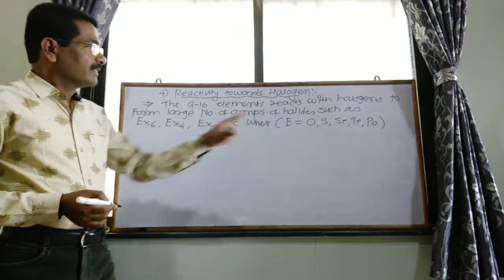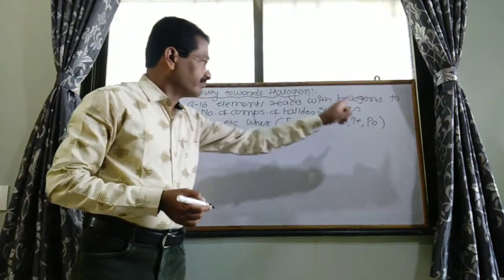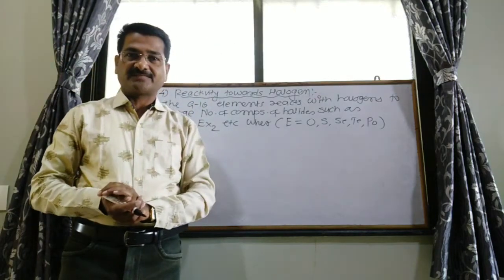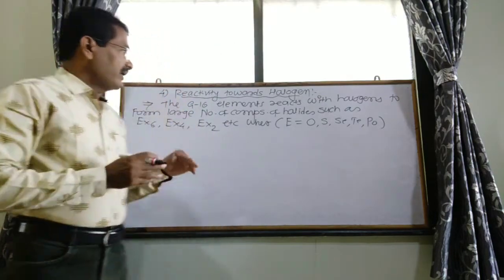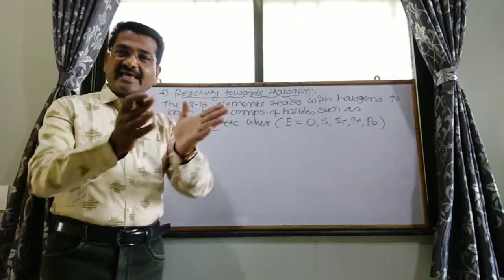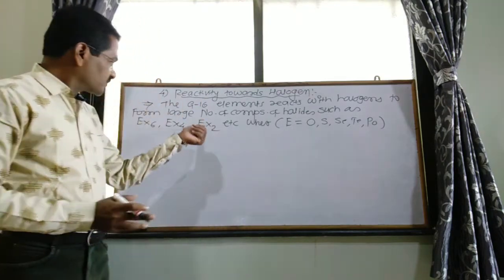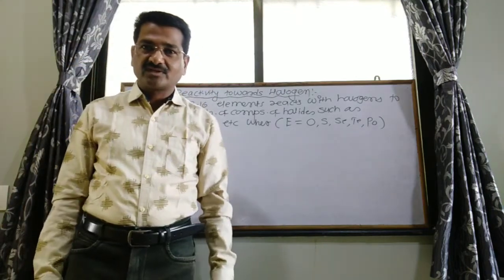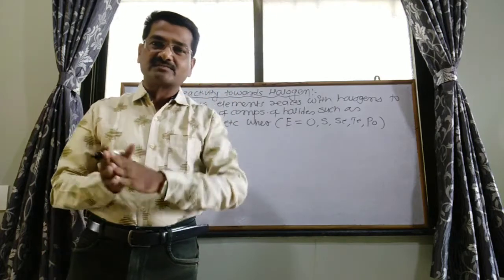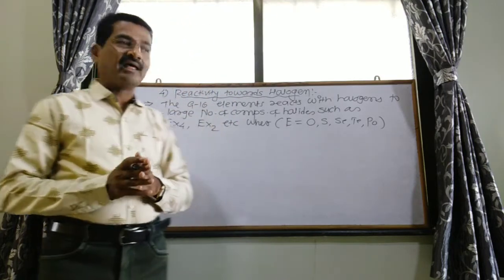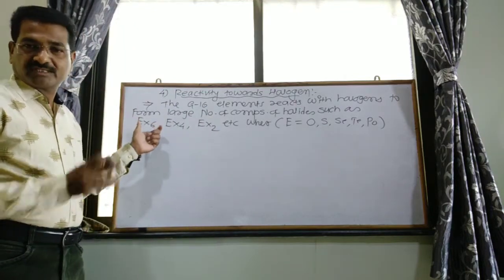But generally, sulfur, selenium and tellurium react with halogens to form the halides: first, EX6 hexahalides, EX4 tetrahalides and EX2 dihalides. So these types of halide compounds are formed when group 16 elements react with the halogens.